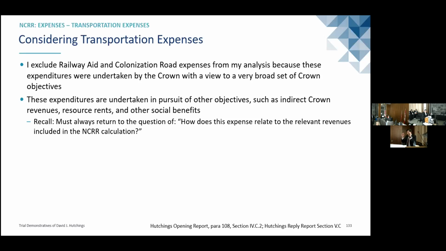And if we're only measuring a certain benefit, here, direct Crown resource revenues, is it appropriate to include some or all of those costs on the other side of the ledger? So, that's kind of what I'm stating here. You have to come back to that question that I talked about just before lunch. How does this expense relate to the relevant revenues included in the NCRR calculation?